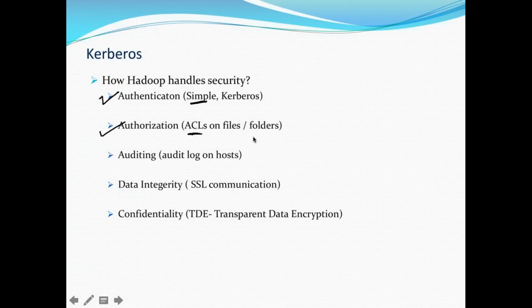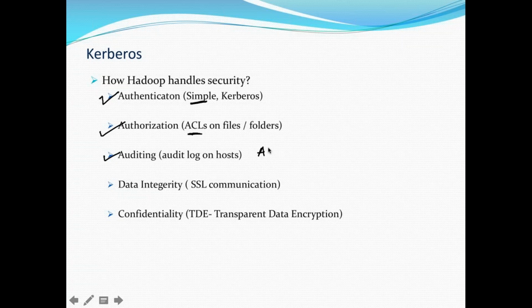So you provide some permissions. That's basically the access control list, and then you give permission on the files, which we're going to see in later modules. Auditing is basically what all the users have done. For auditing, I forgot the name of the tool right now. There's one tool, Titan, or not Titan, Atlas.